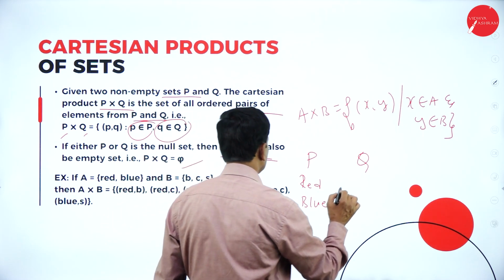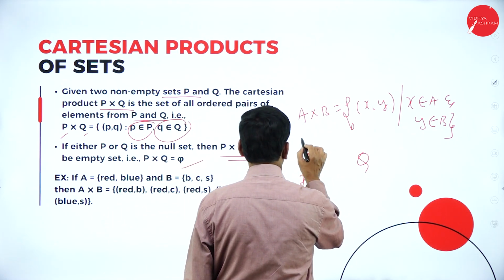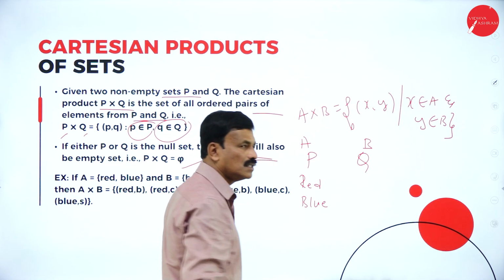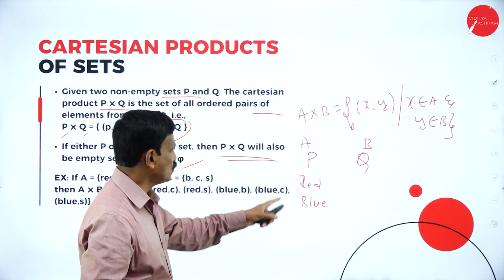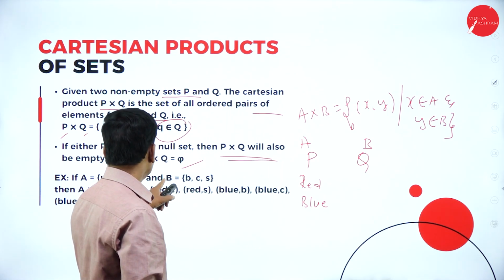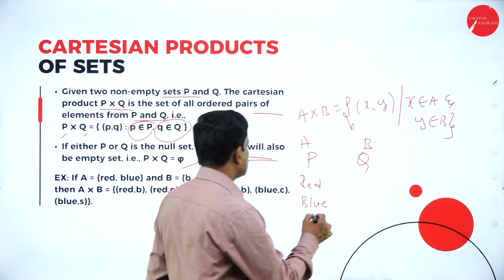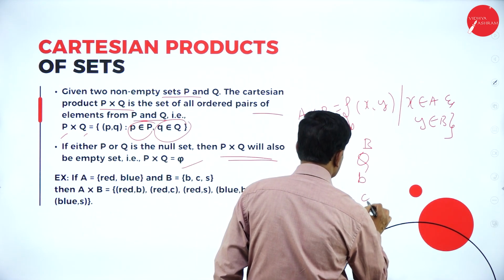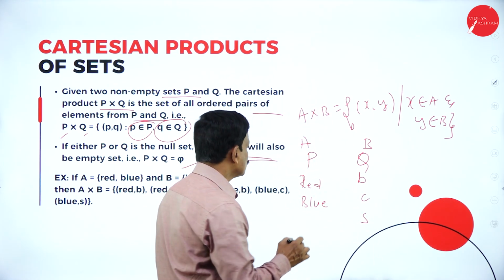Whereas in B, call this A and this B. In A, we have red and blue, or P, and in B, or Q, it is b, c and s. How do we write it?